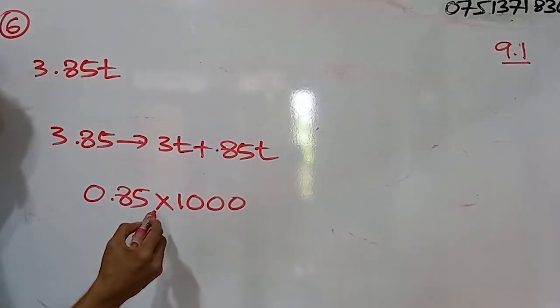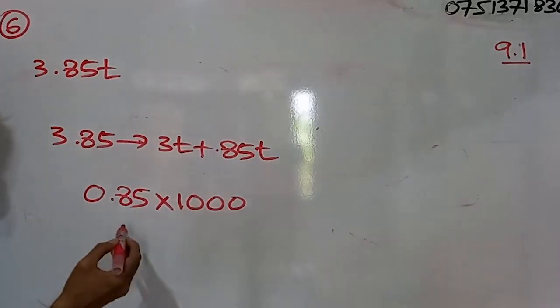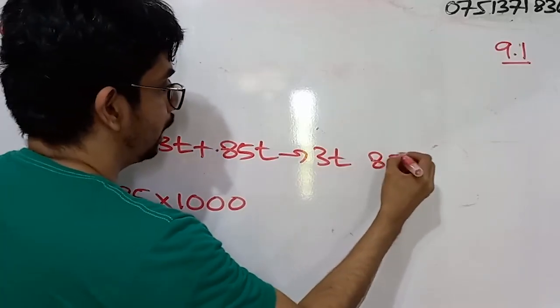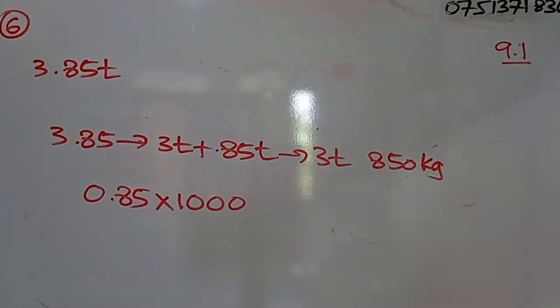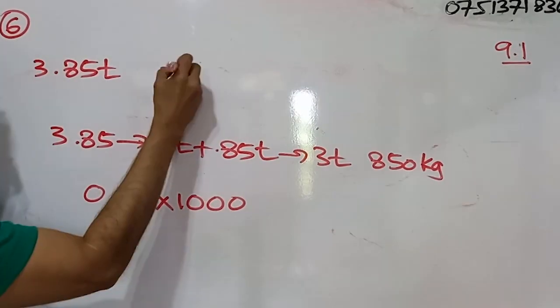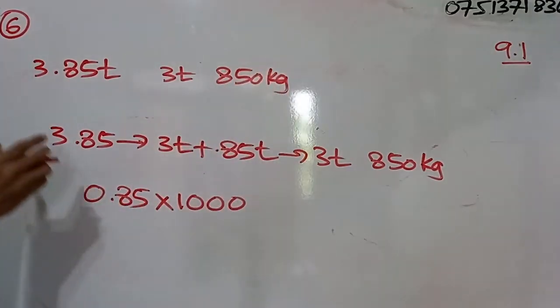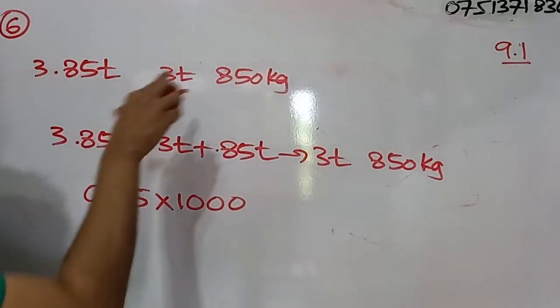So this becomes what? 850. So this becomes 3 tons and 850 kilograms. So that means when I convert 3.85 tons into tons and kilograms, this is the answer.